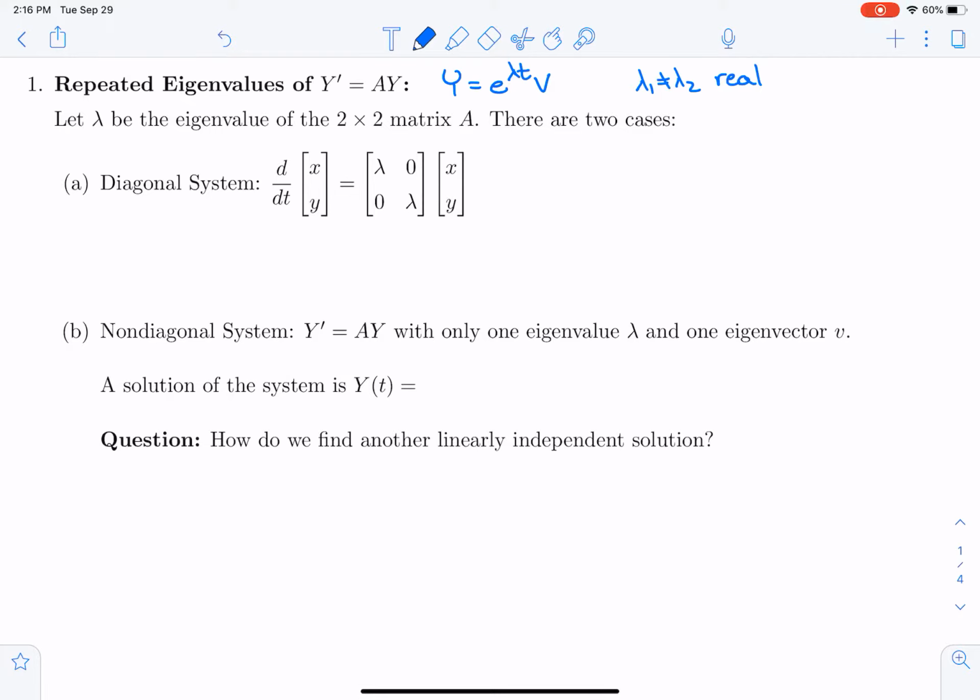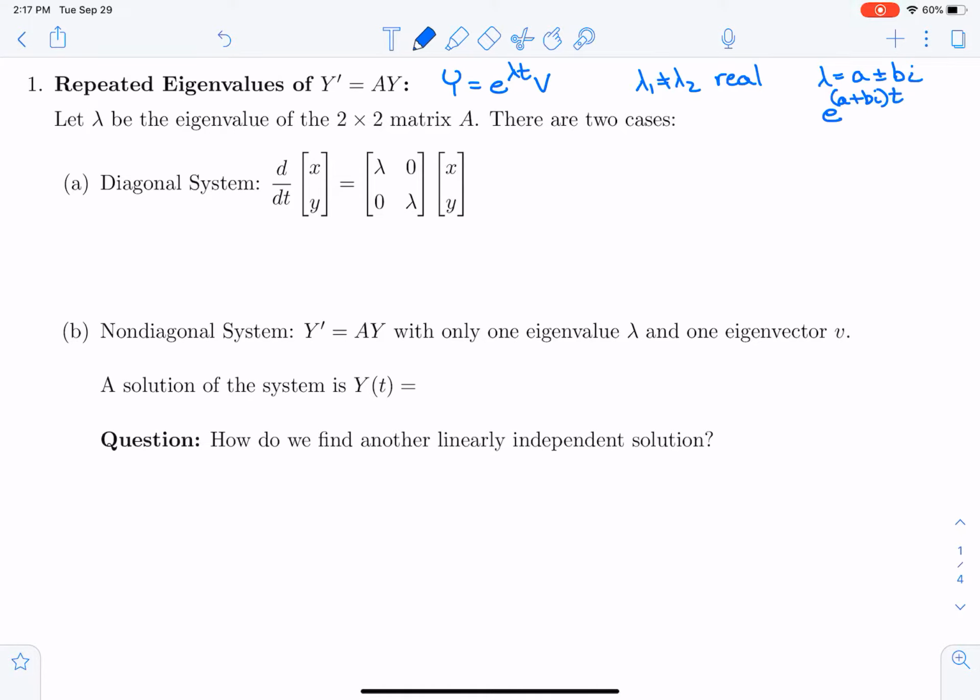We also looked at cases where lambda was of the form a plus or minus b times i, so we had two complex roots to our characteristic polynomial. And in those cases, we had to look at what the complex exponential looked like, and we turned it into cosines and sines using Euler's identity.